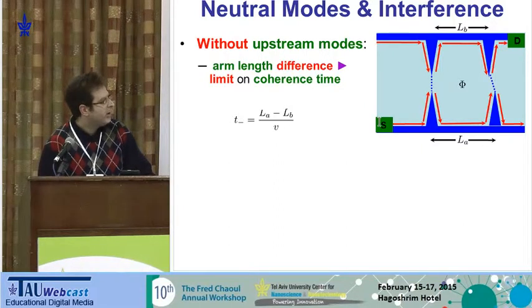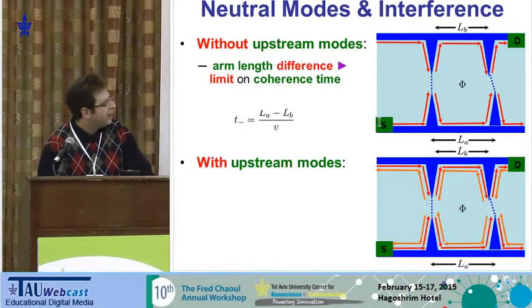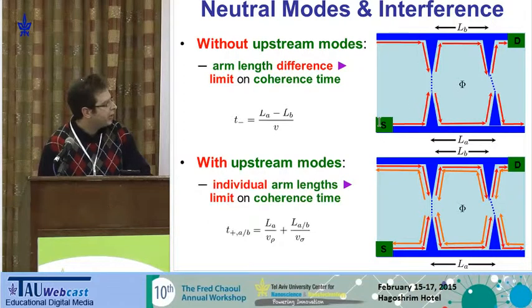But what happens when we have the neutral stuff? Then if we go in the first trajectory, we are going to create neutral excitations there, and they are going to propagate backwards. If we are tunneling here, we are going to create them at the other constriction, and they are propagating backwards. And in order to have coherence, we need to have coherence not just between the charge excitations, but also between those neutral things that we create.